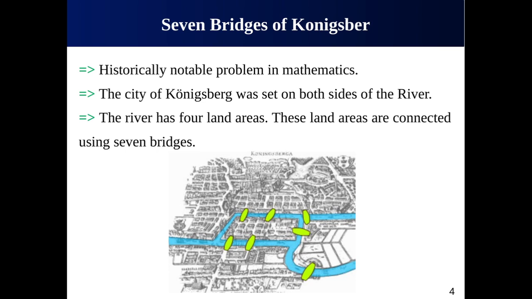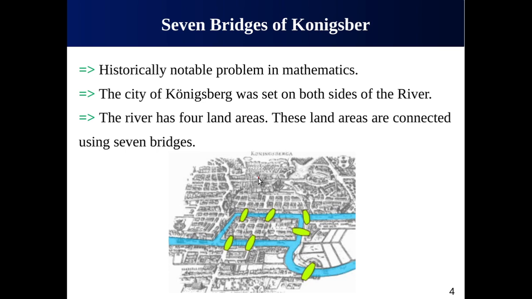Actually, the problem is like this. There is a river, as you can see here. The name of the river was Pregel River. It divided the city of Konigsberg in four lands.